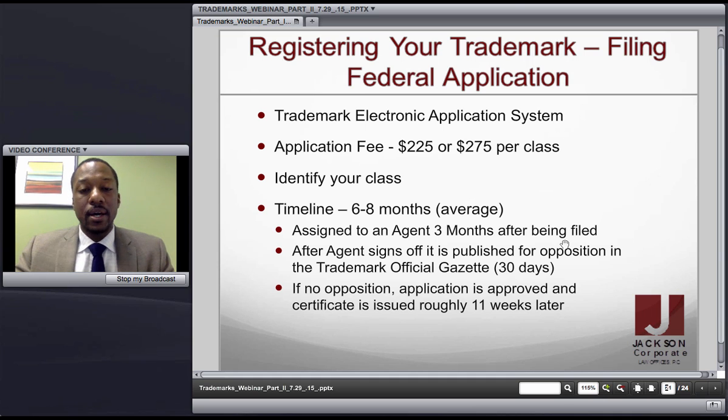If anyone does submit an opposition, then you have to go through the process of trying to refute that claim. But if no one opposes within the 30 days, then your application is approved and you'll receive an official certificate roughly 11 weeks later.